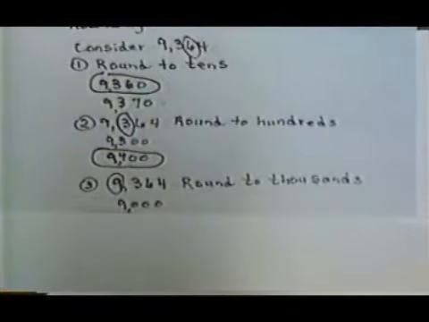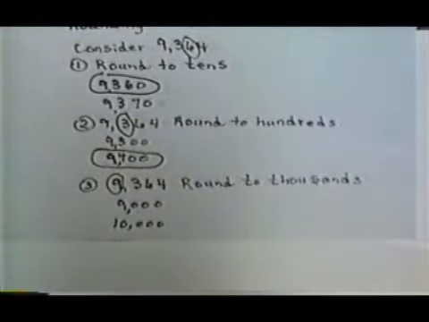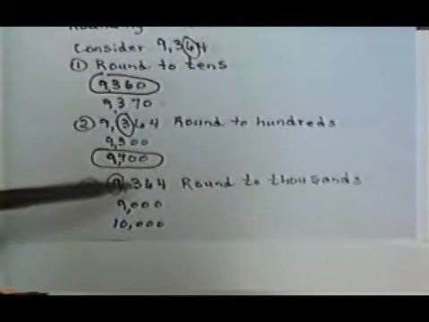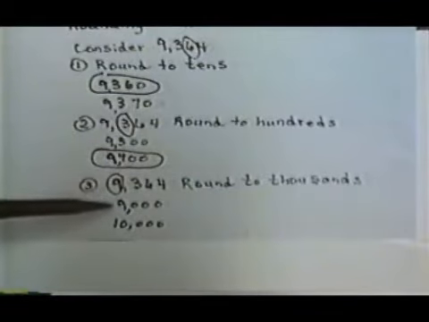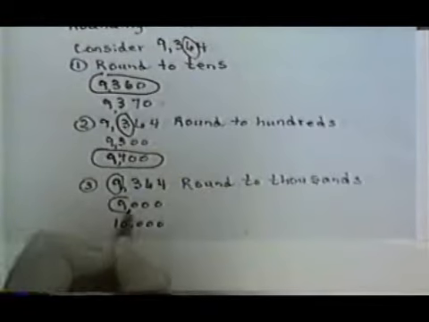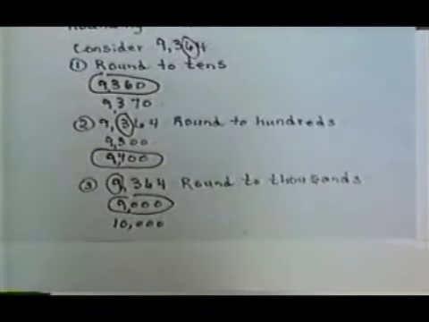If we look at the rest of the number, it's 9,364. The 364 with the 9 is closer to 9,000 than it would be to 10,000. So we'd round to 9,000.